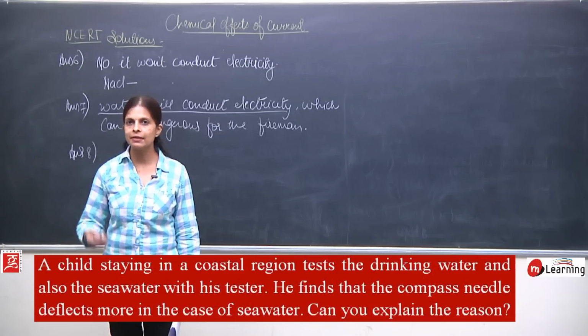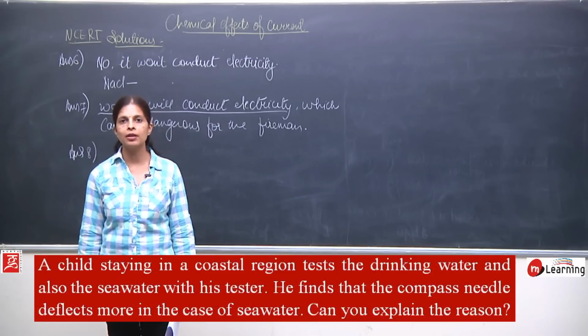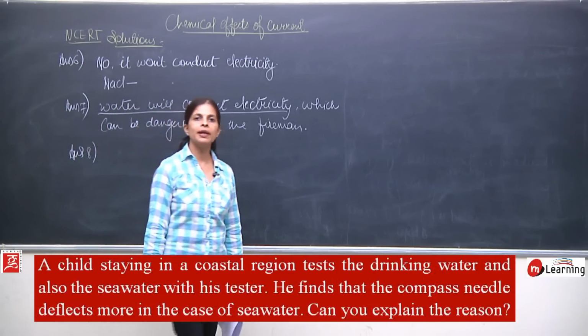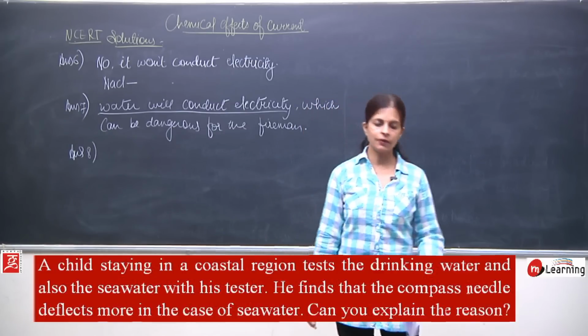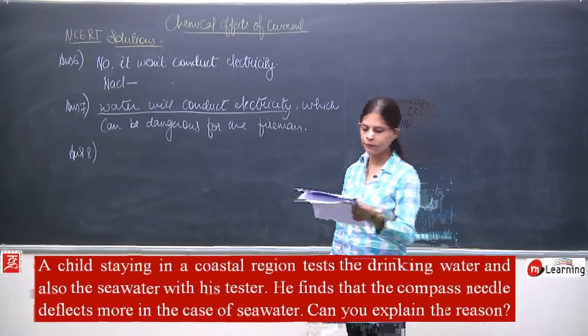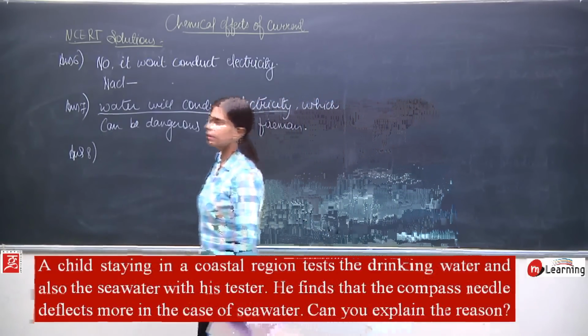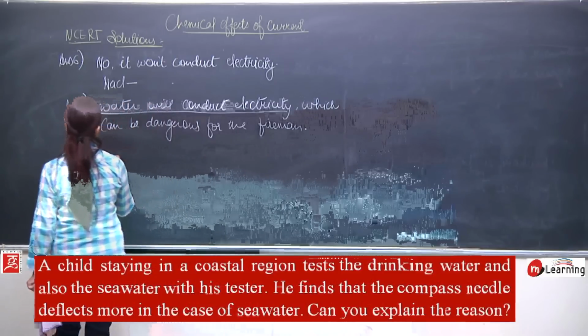So definitely sea water will be conducting electricity more, because the sea water will be having more salts in it, and definitely then the sea water will be the one which will be conducting more electricity.